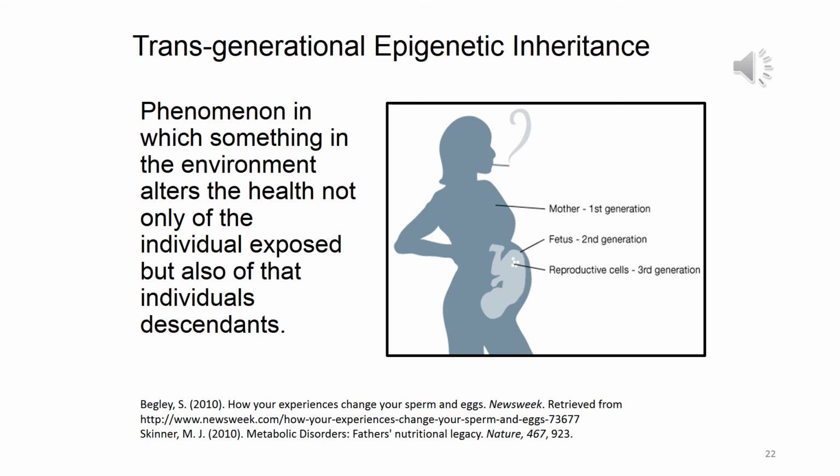So in this particular case, it illustrates a woman who smokes, and that it might affect the growth and development of the fetus, but the fetus itself is developing its own reproductive cells at that time, and they may then be influenced. So the third generation, the grandchildren of the person who smoked, might actually be influenced by changes in the reproductive cells of the fetus that was growing in the mother that was smoking. So this is something that really helps open our eyes to some of these things and long-term effects.